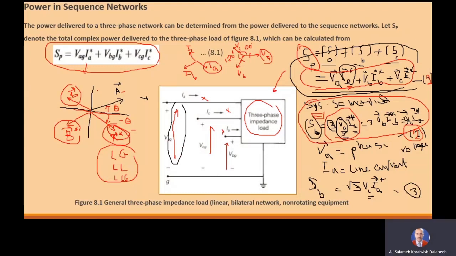Now, the third point: how we can write this formula in a matrix form. This is the general form.